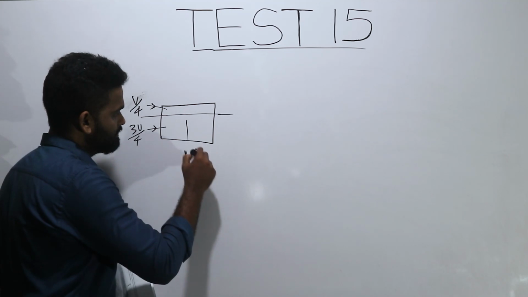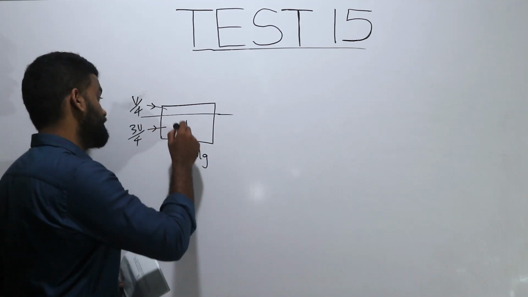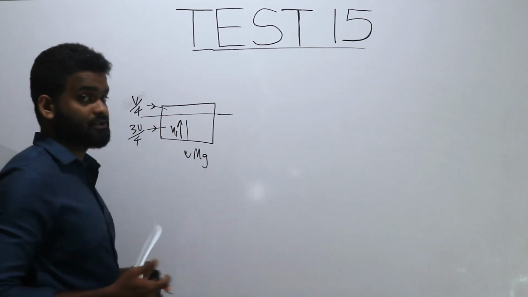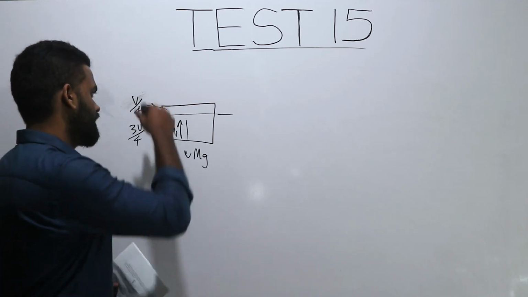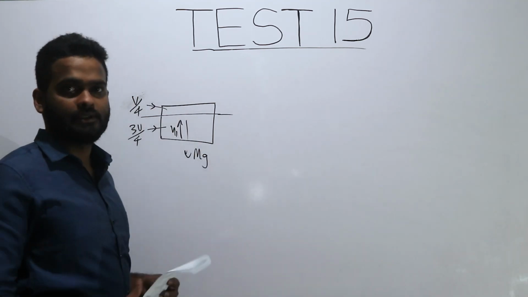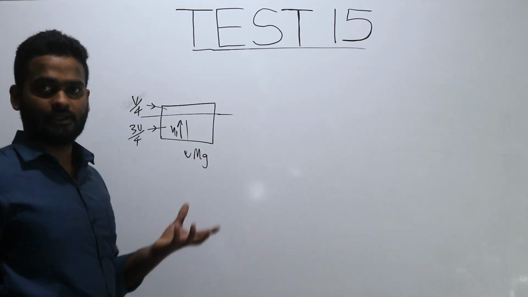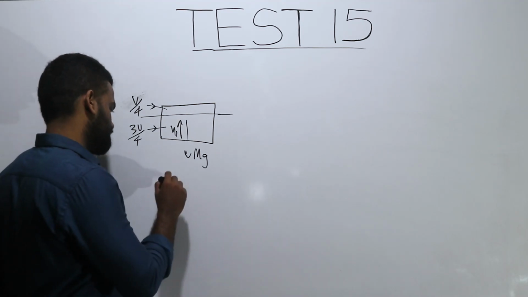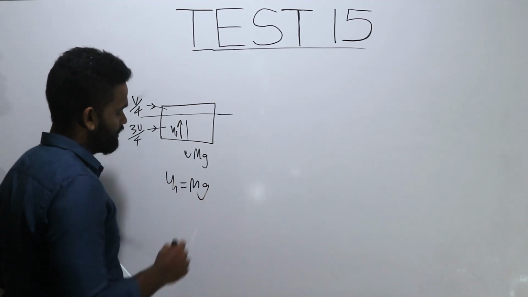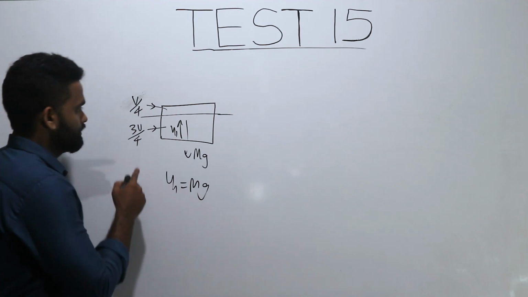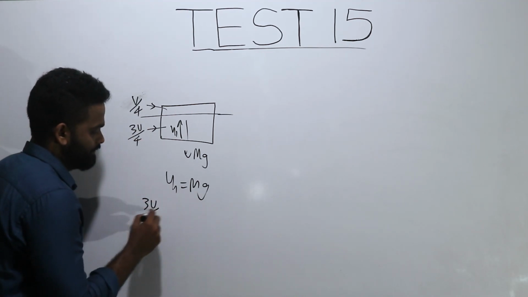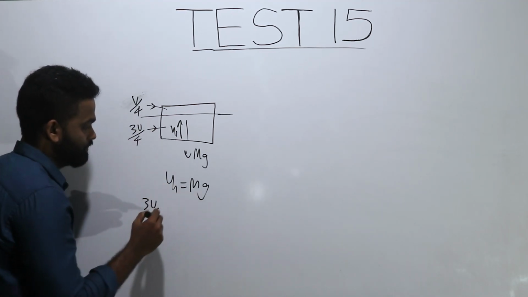And this has a mass capital M, so the weight is Mg. Let's say the upthrust is U1. Since this is floating, the upthrust and Mg should be equal. The displaced volume is 3V/4.